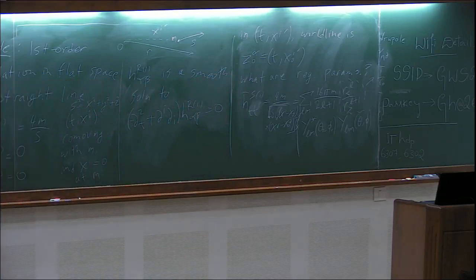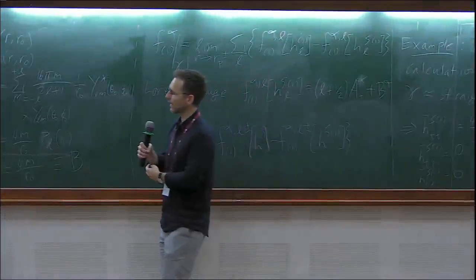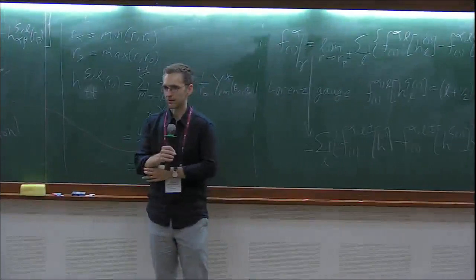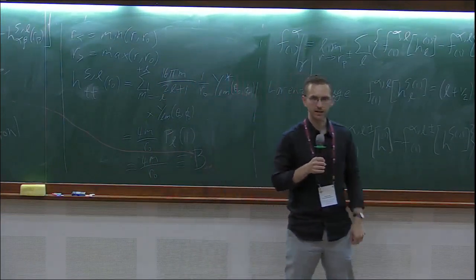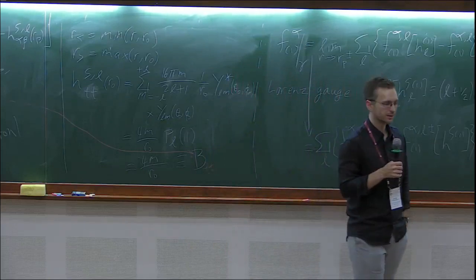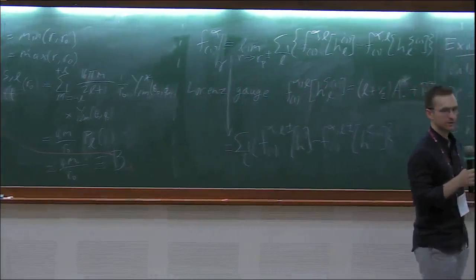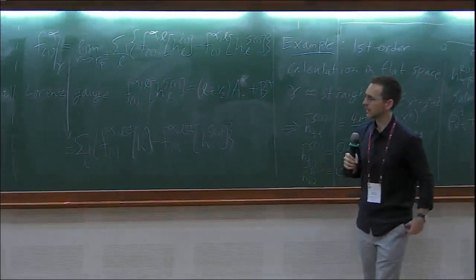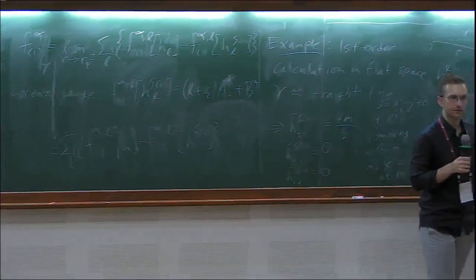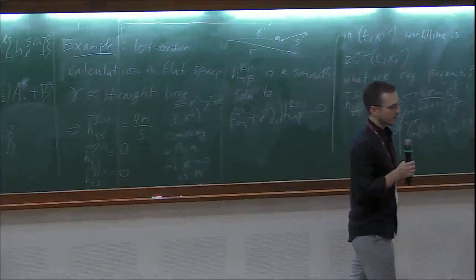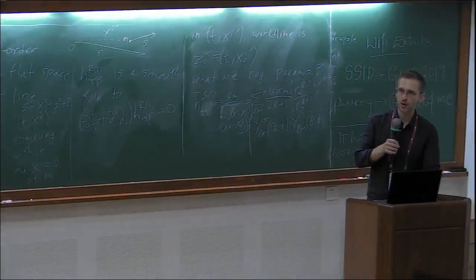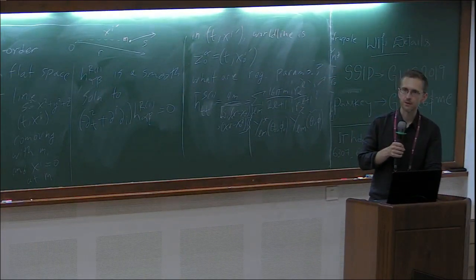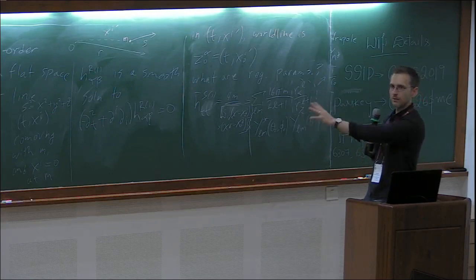So the waveforms that are used in data analysis right now, so right now there's something called the LISA Data Challenge, which is a group of data analyst people who are developing data analysis techniques for LISA. And part of that includes data analysis techniques for EMRI data. The waveform model that goes into there is what's called a kludge model, which means it's totally made up. It doesn't come from any physics.